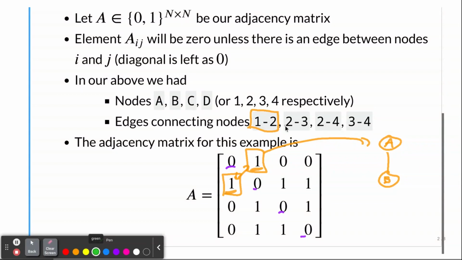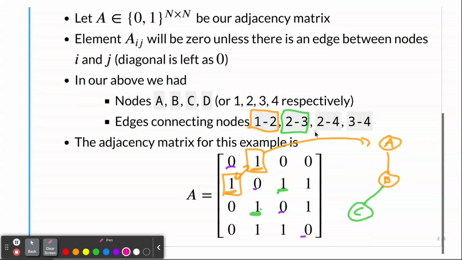Then, if we wanted to think about this connection from B to C, we would go to row 2, column 3. Row 2, column 3 is right here. And again, because we're undirected, we will have a symmetric component at row 3, column 2. So these two elements represent this edge.